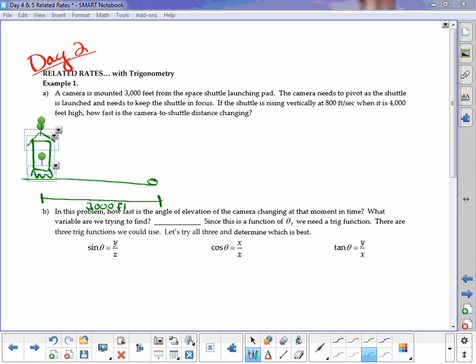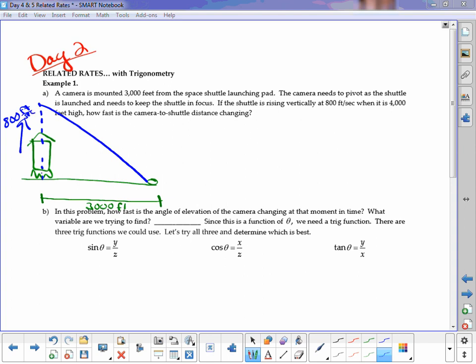The camera needs to pivot as the shuttle is launched. It needs to keep the shuttle in focus. So our shuttle is going up, up, up, and our camera is staying trained on that. The shuttle is rising vertically at 800 feet per second. So we do know that this rate is 800 feet per second.